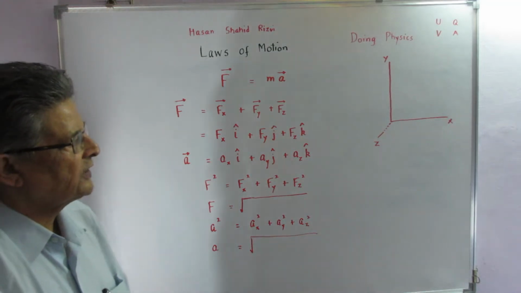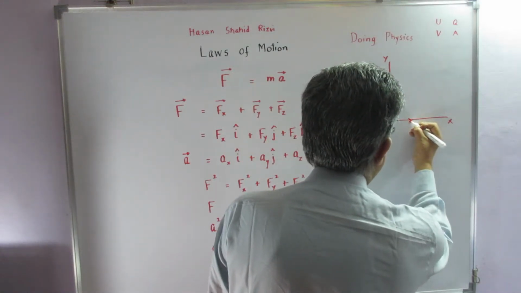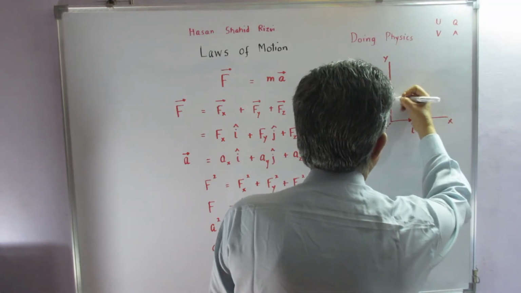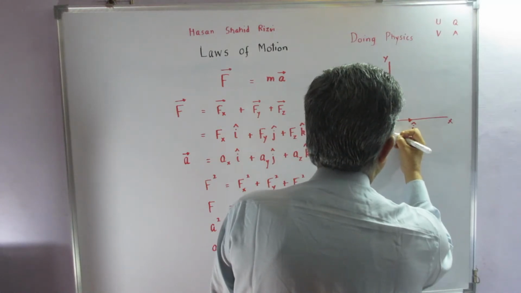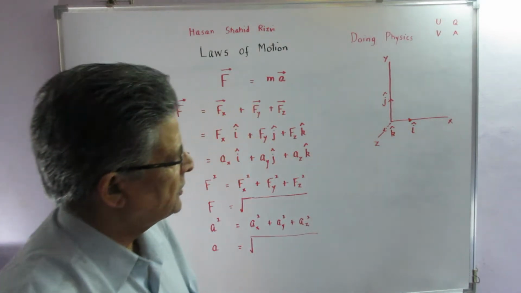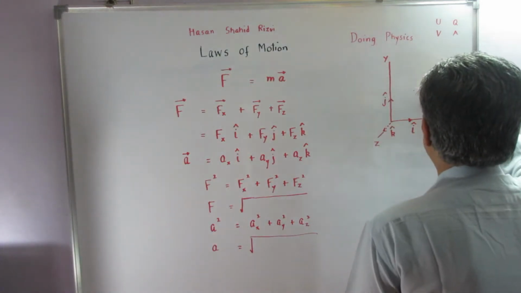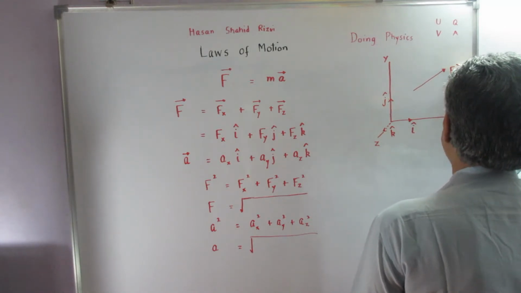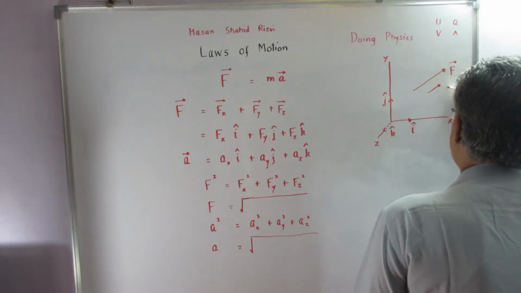So this is how we can understand the resolved parts along the x-axis, where the unit vector is i cap, here I have the j cap, and here I have the k cap, multiplied by the resolved parts of the force and the acceleration. And if the force direction is like this, one thing which is imperative is that the acceleration should also be in the same direction.